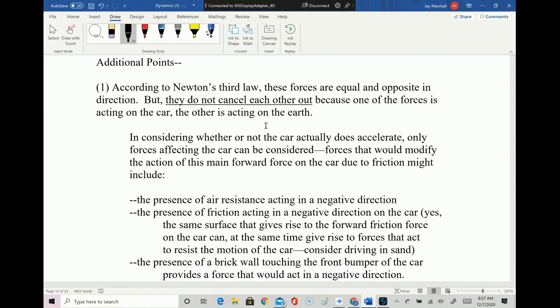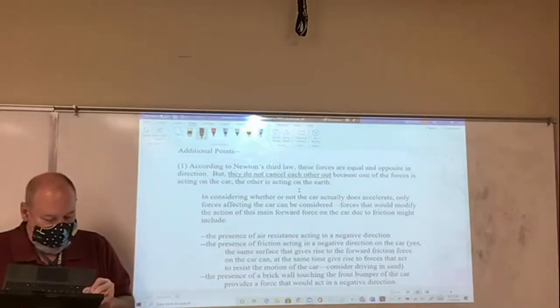But the earth acting on the car is not the only force around. Okay? There might be other forces acting on the car. If you're considering whether or not the car actually does accelerate, only forces affecting the car can be considered. I don't care that the car is pushing backwards on the earth.